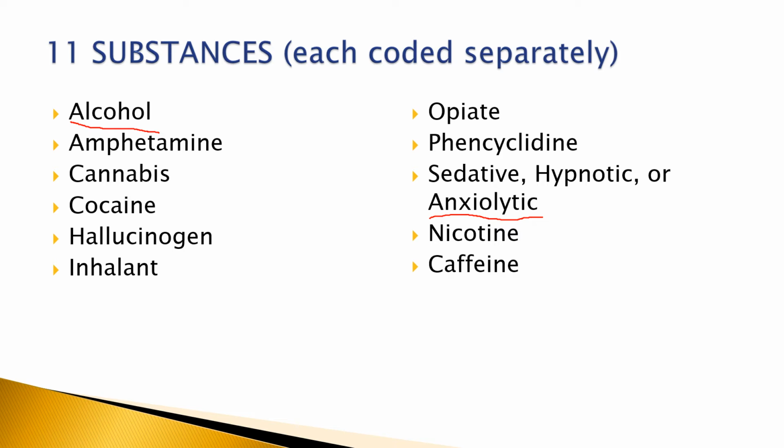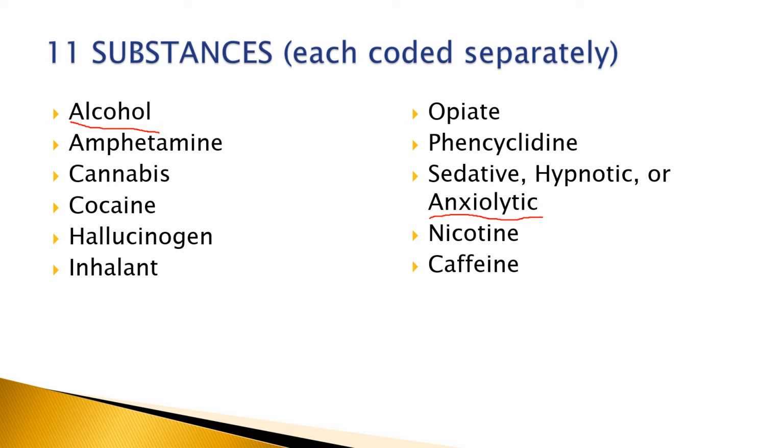So, for example, you can also have different severity in the different substances. So you may have a severe cocaine use disorder and a mild cannabis use disorder. The order for recording the different diagnoses and the different substances does not really matter in this case.